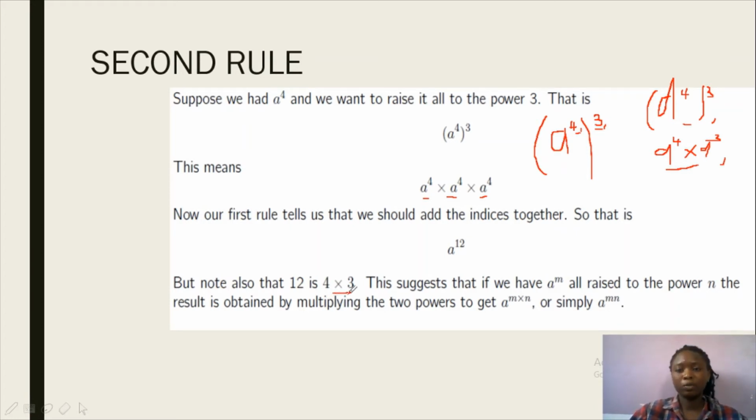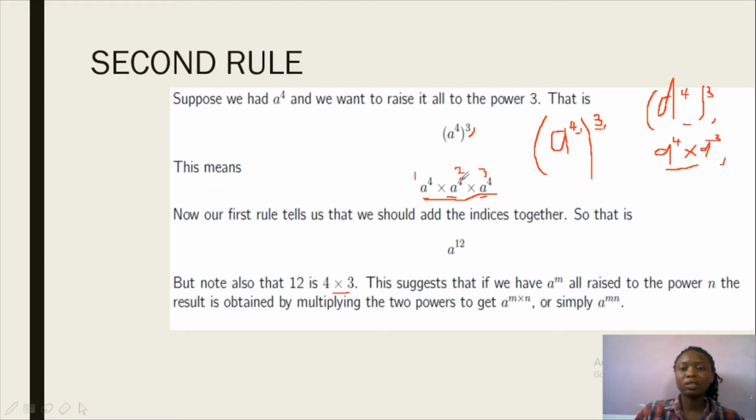We get 12. Or simply put, what this has done means A raised to the power 4, 3 times. So we have first A raised to the power 4 here, second one, and third one, because it says A raised to the power 4, 3 times, right? So since we have this here now, then we can decide to add the exponents.